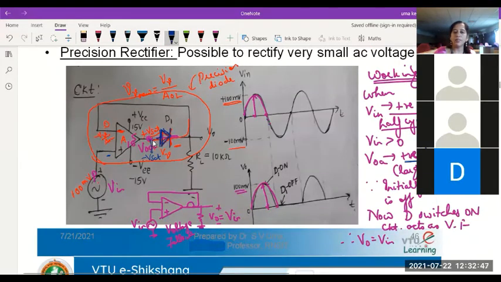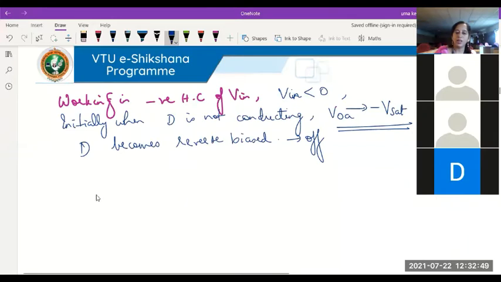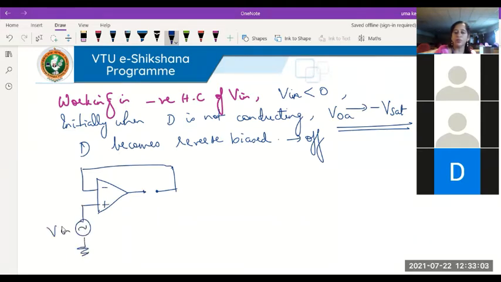Now what happens when the diode is switched off? How will the circuit look? You have an open circuit here because the diode is off. Remember, a diode that is switched off will not allow any current to pass through it. So what will be the final output voltage across the load?